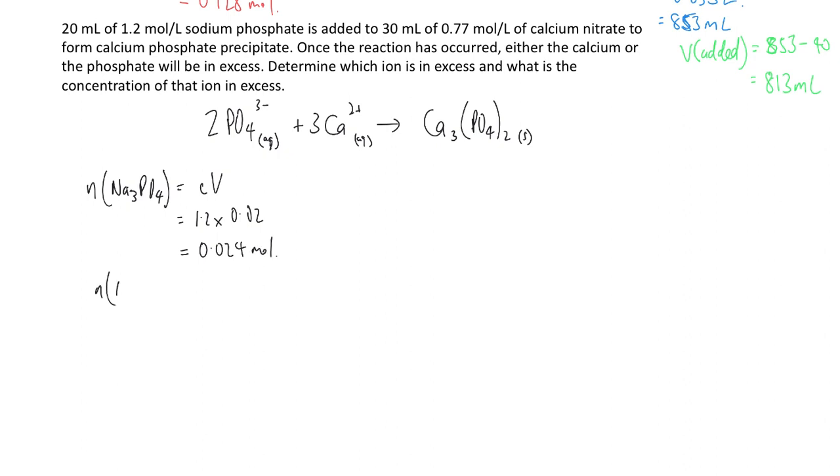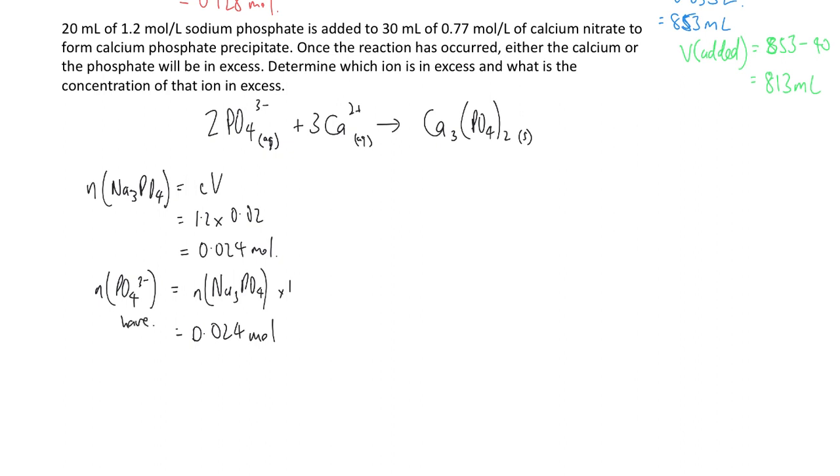The number of moles of phosphate ions is equal to the number of moles of sodium phosphate times 1, so it's the same value. There's 1 phosphate per sodium phosphate, so that's fine. This is the amount that I have.